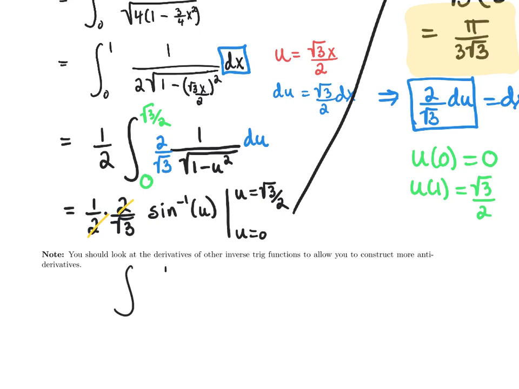So for example, I could ask you to do the integral of 1 over 4 plus 3x squared dx, which is very similar, and the answer is going to be something involving arctangent.